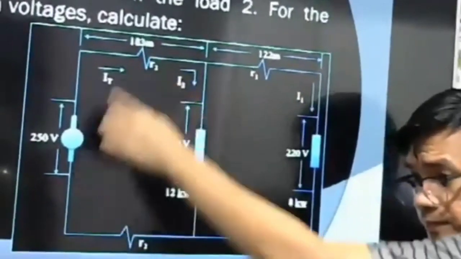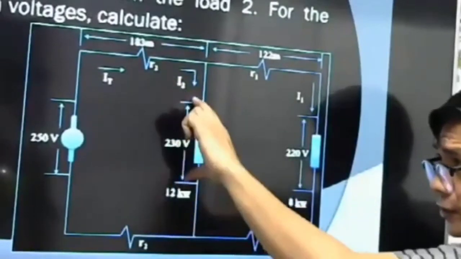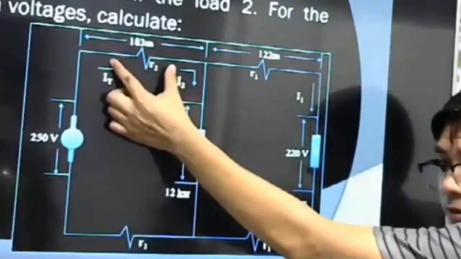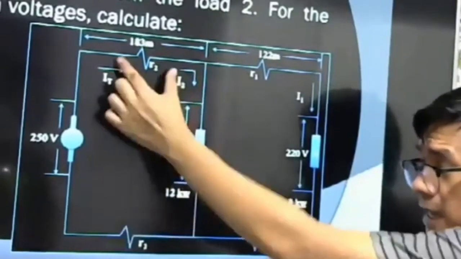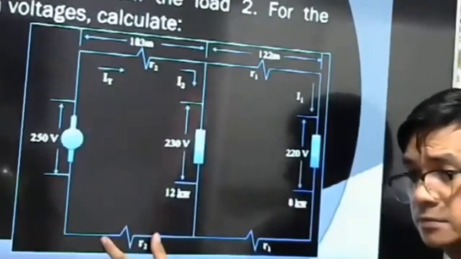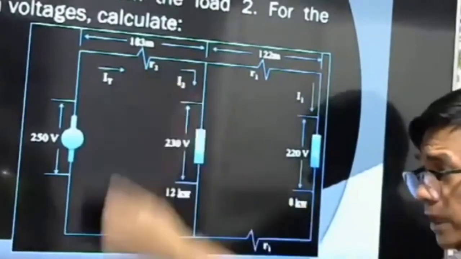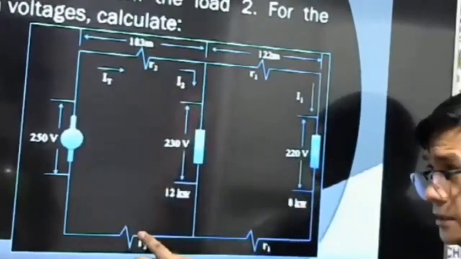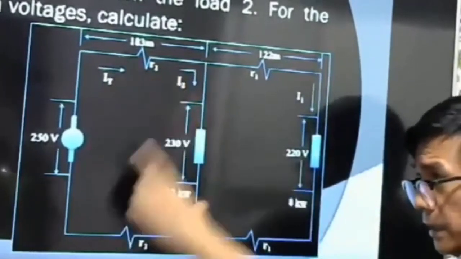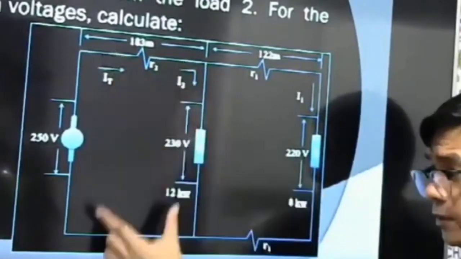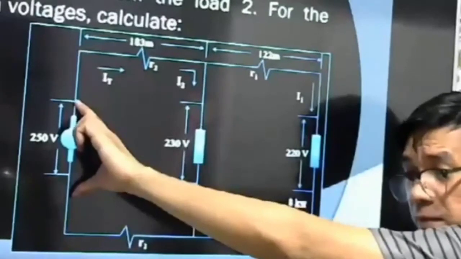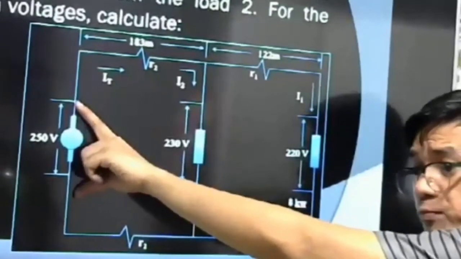Considering this loop, 230 plus the voltage drop on the up conductor and the down conductor, line 1 and line 2, is equal to 250 volts.